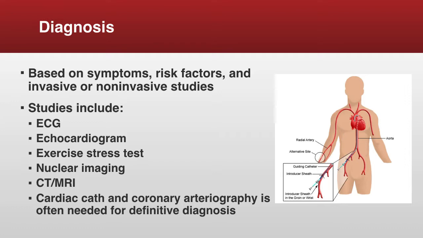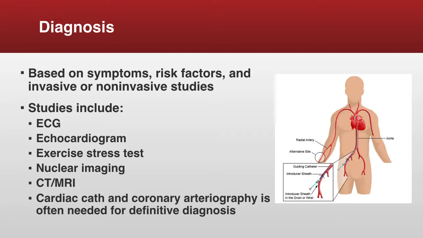The diagnosis of chronic ischemia is based on symptoms, risk factors, and invasive or non-invasive studies. The studies that they'll look at is like an ECG and an echocardiogram and the exercise stress test, nuclear imaging, or the CT or MRI.